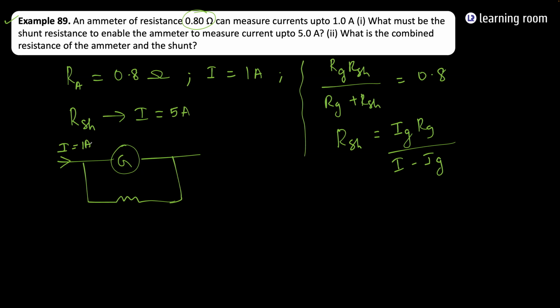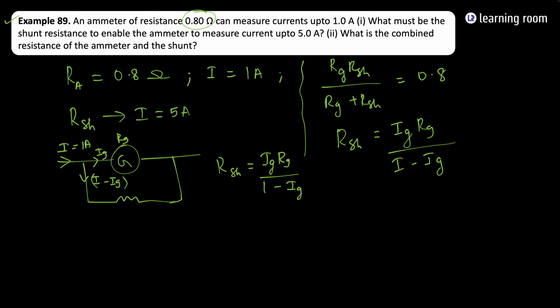1 ampere. So it is going to be Ig and this is Rg. This is going to be I minus Ig. Okay. So tell me, what is going to be the value of R shunt in the first case? R shunt in this case is supposed to be Ig into Rg divided by 1 minus Ig.